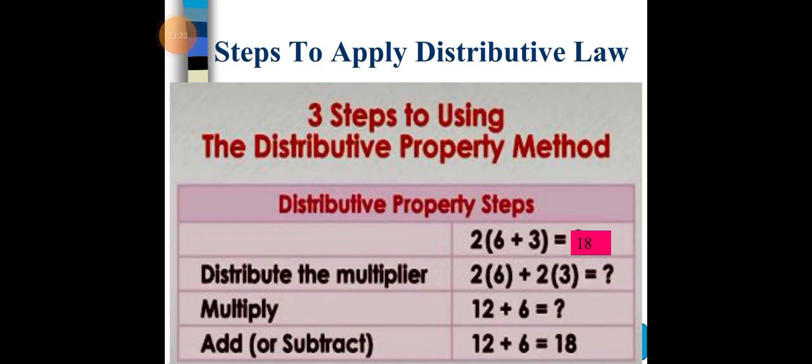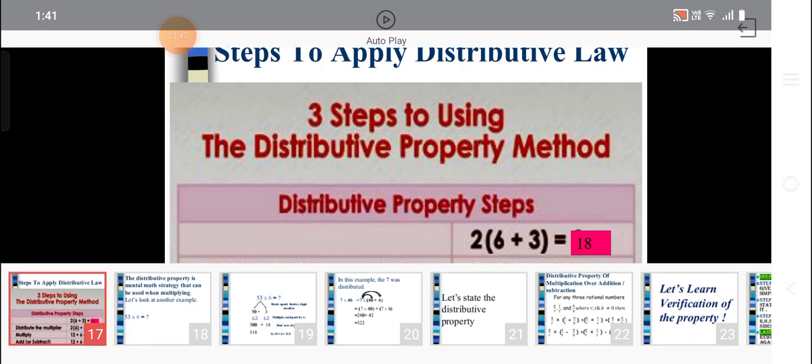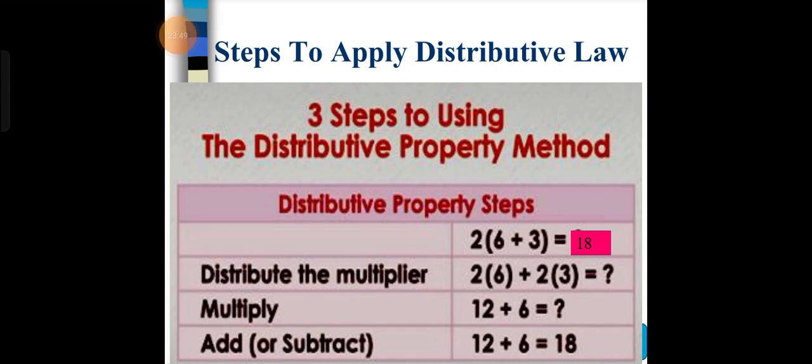By distributing the multiplier, it becomes 2 times 6 plus 2 times 3. First I'm going to do 2 multiplied by 6, which gives me 12, and 2 multiplied by 3, which gives me 6.